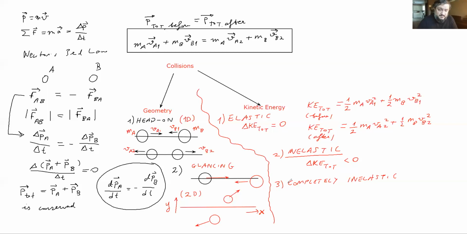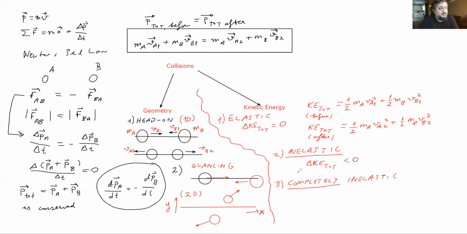That's what makes it a completely inelastic collision. Suppose you fire a bullet into a target. The bullet enters the target, it embeds itself into the target, and they fly together. So MA and MB become one mass, which is equal to MA plus MB. That's what a completely inelastic collision is.